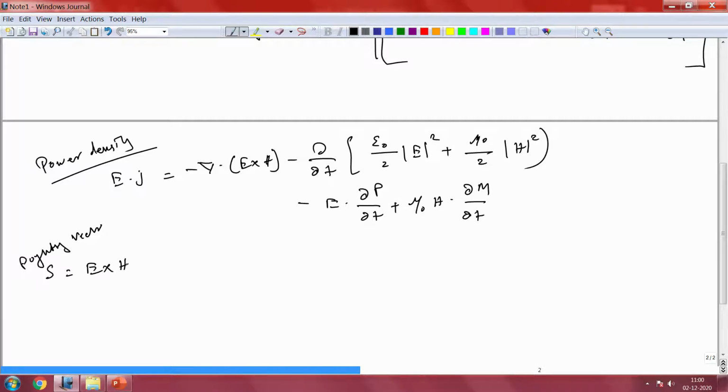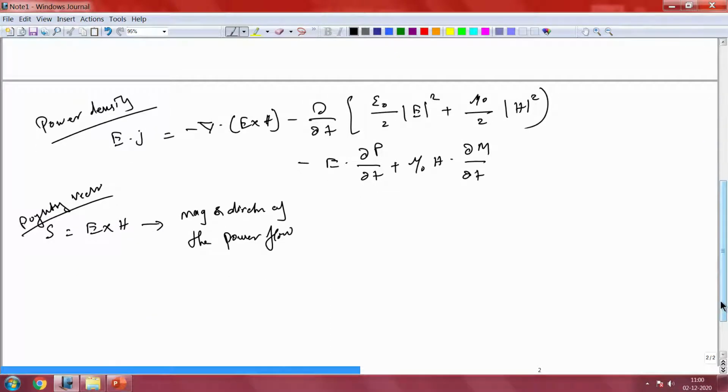So, it represents the instantaneous magnitude and direction of power flow. So, this is telling you the magnitude and direction of the power flow. So, we know electric field and magnetic field are orthogonal to each other, right.